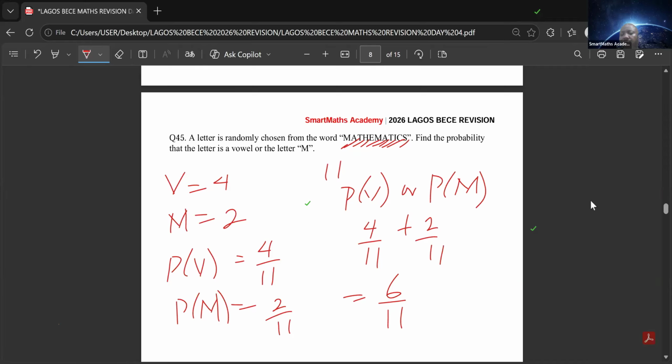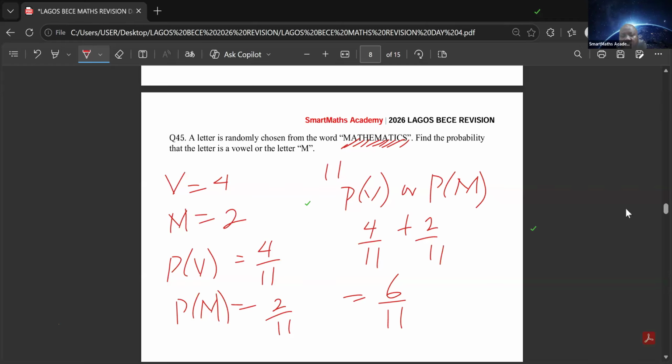Samsung. Assalamu alaikum, sir. Walaikum assalam wa rahmatullahi wa barakatuh. Sir, the probability of the letter M, I still don't understand it. Okay, how many M's can you see in the word mathematics? 2.